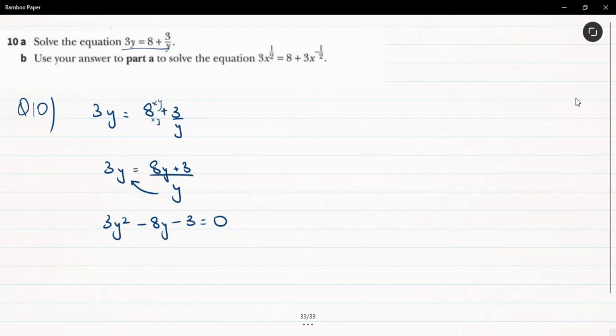The next thing we are going to do is just simply solve this as normal. So the 3's are 9. We have the factors of 9, 3. 3's are 9, 3 ones are 3, and 1 ones are 1. So as you can guess, what are the factors? 3y squared minus 9y plus y minus 3 is equal to 0.